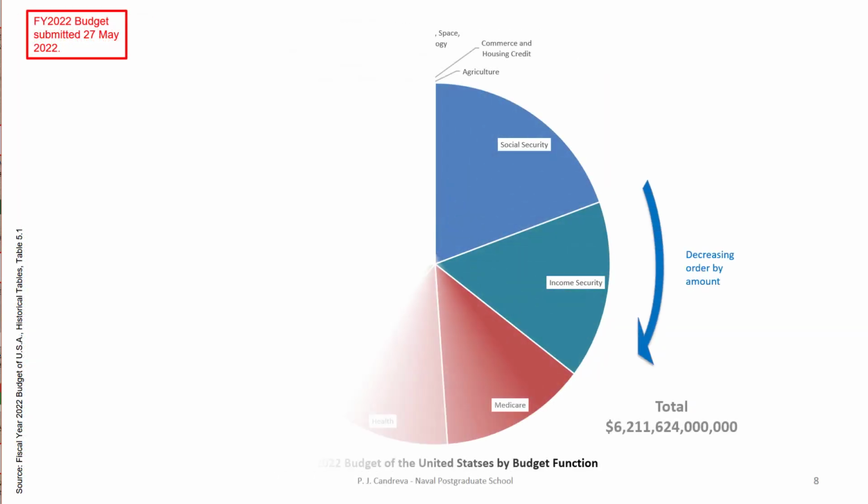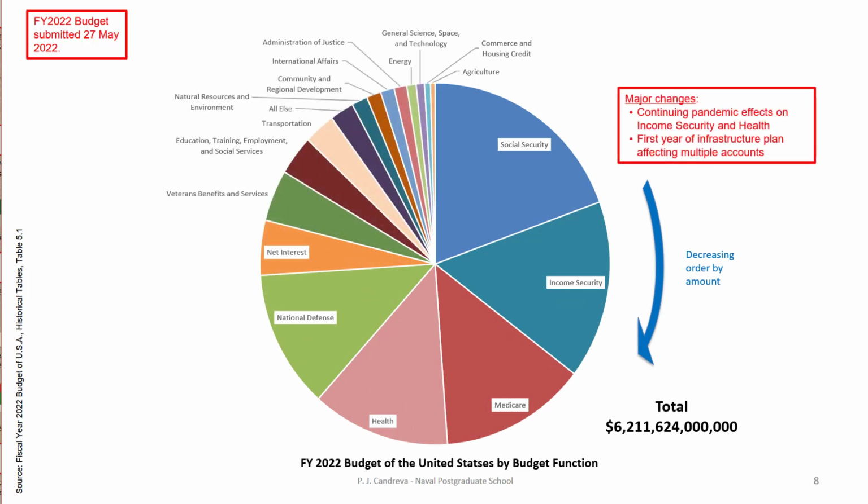And we see that income security had jumped up to second place. Healthcare and Medicare were both ahead of national defense, which fell into fifth place. The total budget was $6.2 trillion. And this budget also included the first year of the Build Back Better plan proposed by the Biden administration.